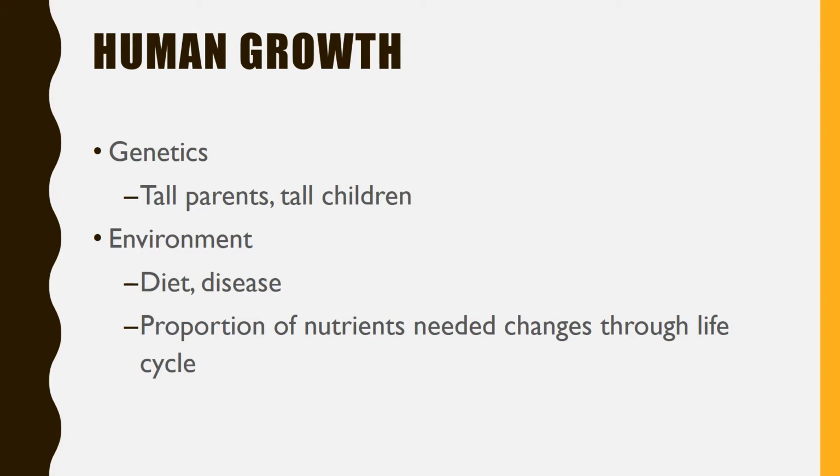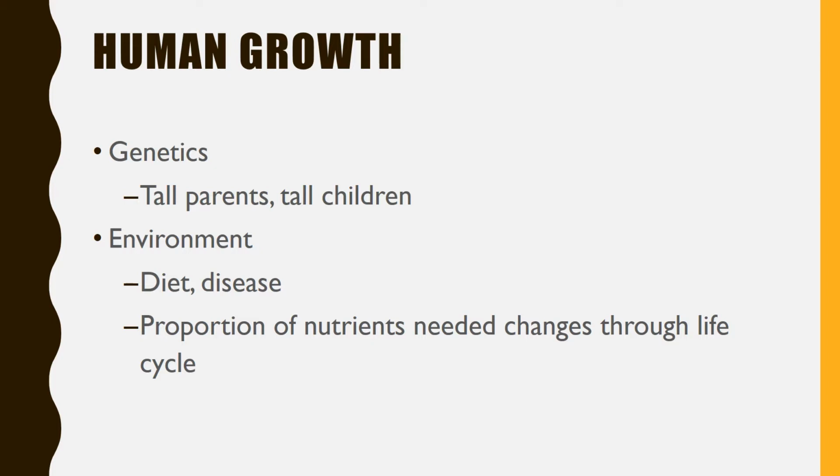In fact, height is a polygenic trait. This means that it's coded for genetically by multiple genes. So you're going to receive multiple genes from mom and multiple genes from dad, and those will work together to contribute to your genetic potential for height.